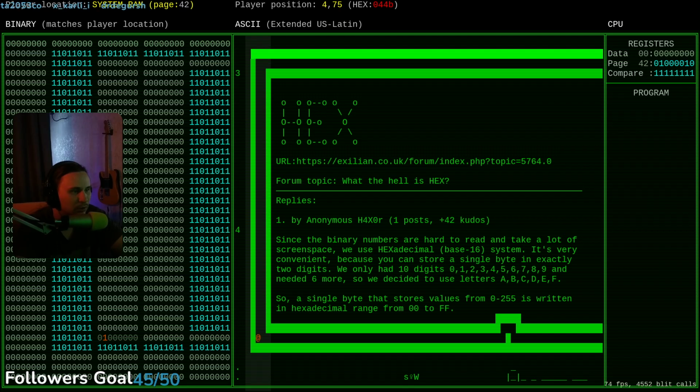We only had the digits 0 to 9 and needed 6 more, so we decided to use letters A, B, C, D, E, F. So a single byte that stores a value from 0 to 255 is written in hexadecimal in the range from 00 to FF.